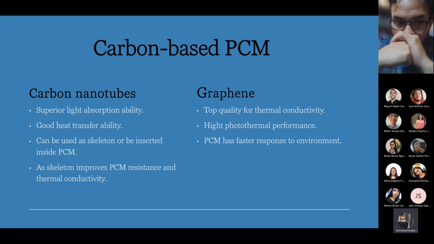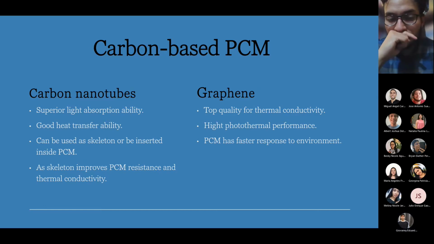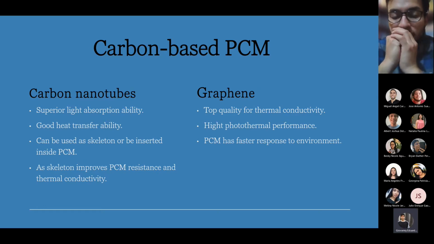Well, the carbon-based PCM can be made with carbon nanotubes that have a superior light absorption ability, but they also have a good heat transfer ability, and these carbon nanotubes can be used as a skeleton or be inserted inside of the PCM, and a skeleton improves the resistance of the material.